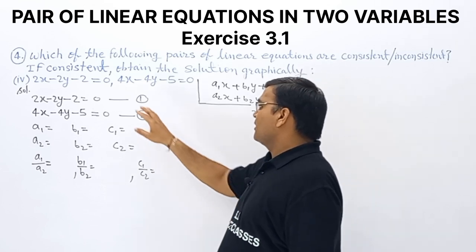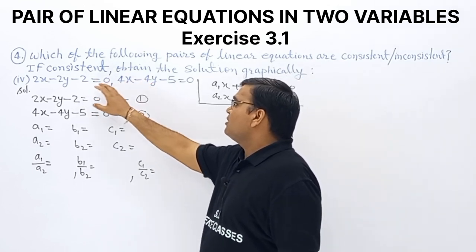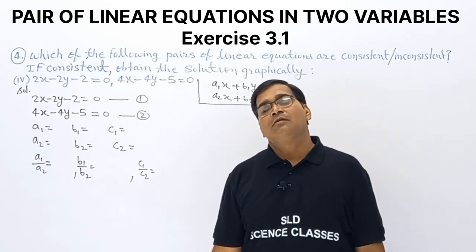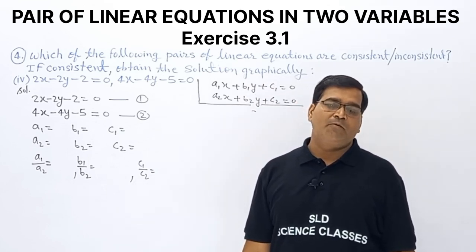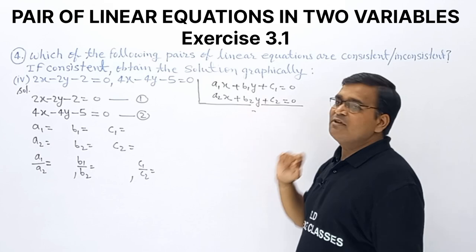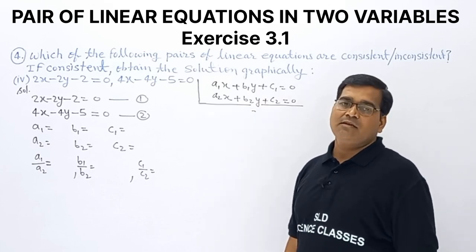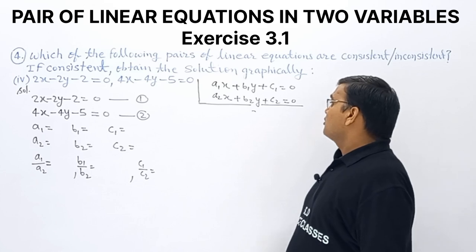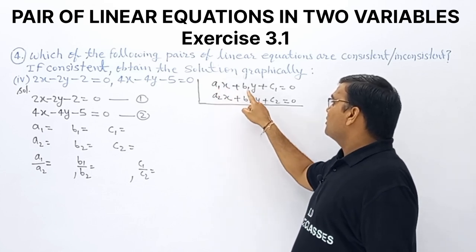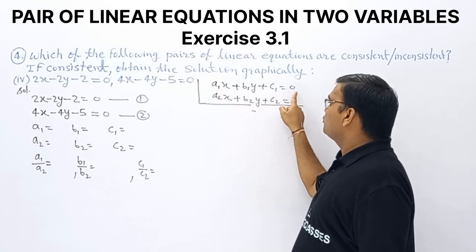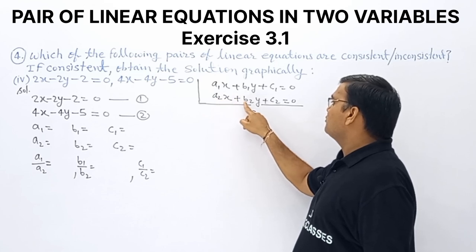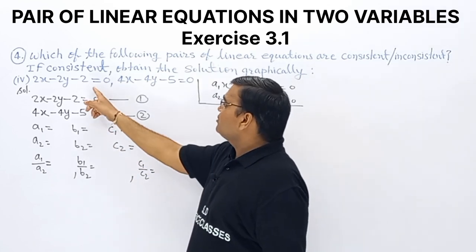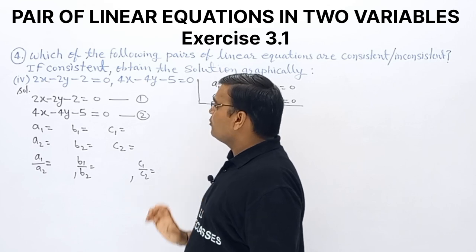First, we will compare these equations with the general linear equations in two variables: a1x plus b1y plus c1 equal to 0, and a2x plus b2y plus c2 equal to 0.